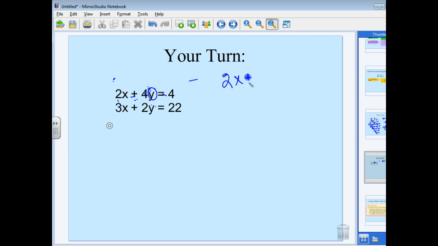Again, it doesn't really matter which variable you decide to isolate, x or y, you'll still get the same answer.